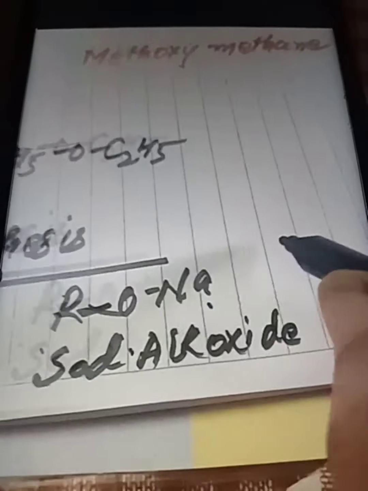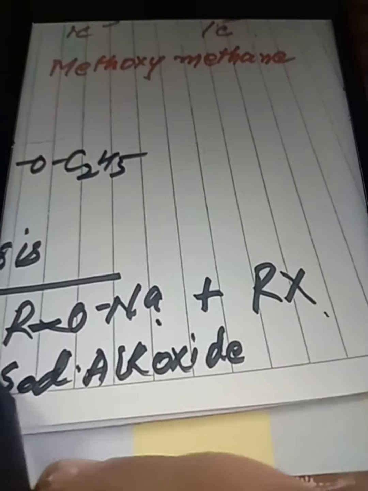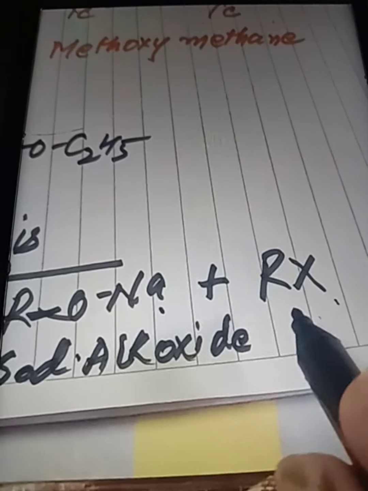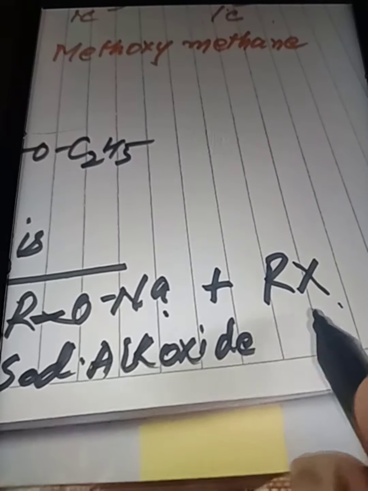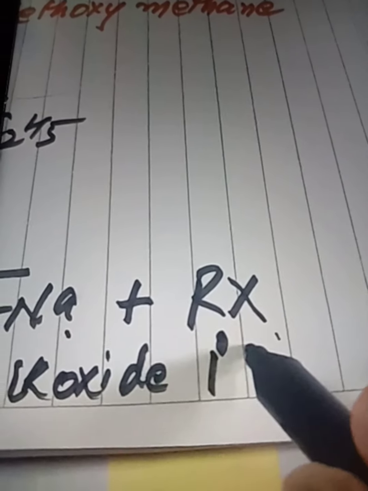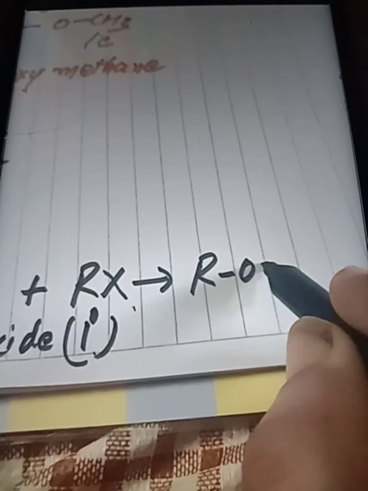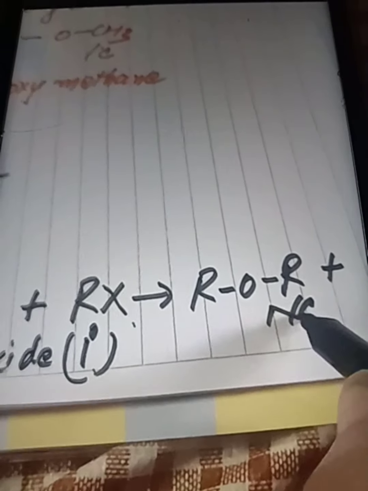Basically, RO negative is alkoxide ion. When RONa reacts with any alkyl halide, here R may be same, R may be different. Earlier, when we studied SN2, SN1, I told you in detail what are alkyl halides, what are primary, secondary, tertiary alkyl halides. So here we are taking this 1 degree alkyl halide. So the reaction occurs and the product we obtain is ROR plus NaX.